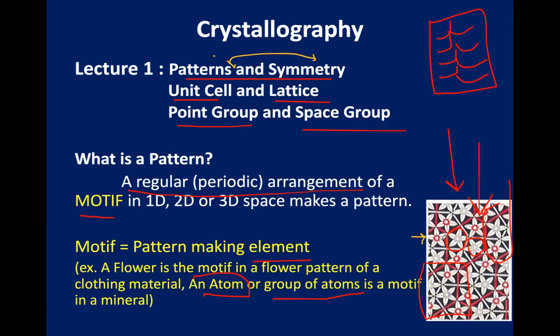And for this pattern, I told that the flower can be a repeating unit, or otherwise this hexagonal-like unit can also be a repeating unit. So in this case, if you think this is a crystal, you have two repeating units. One is the flower, and the other one is the combined shape of this hexagon. Which one is small here?